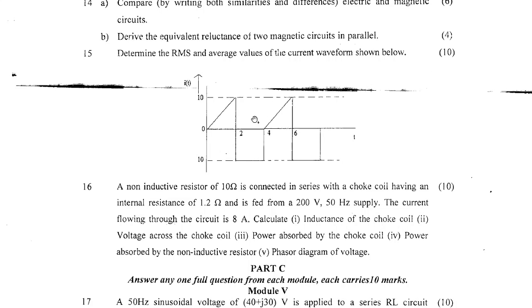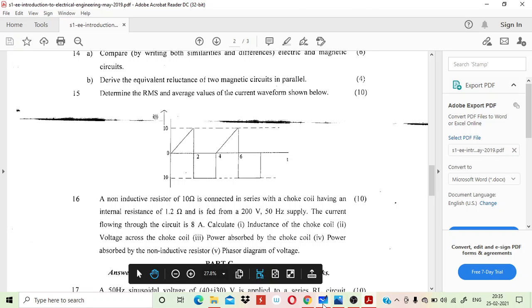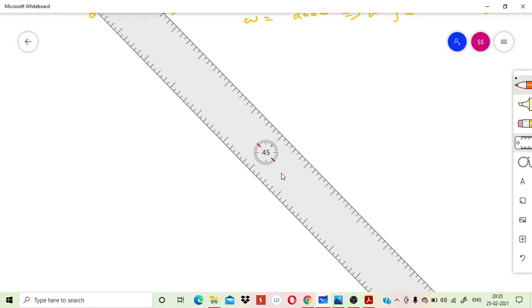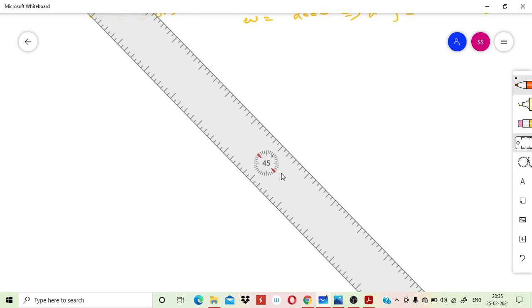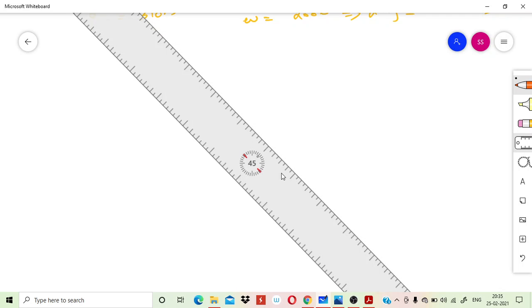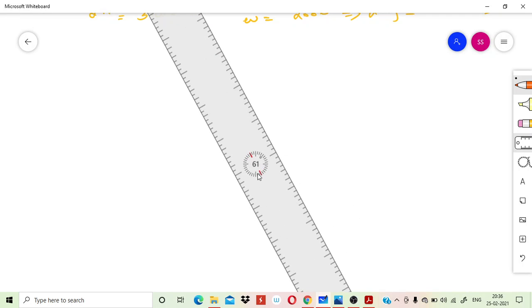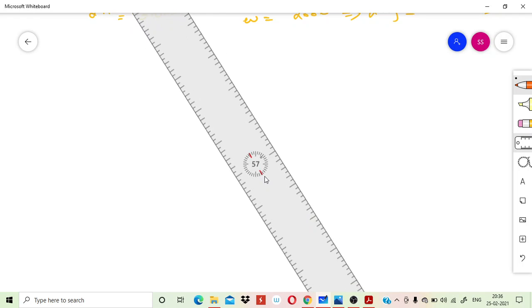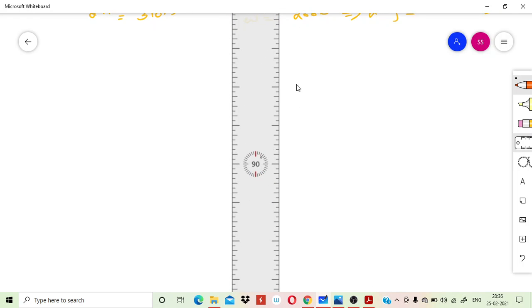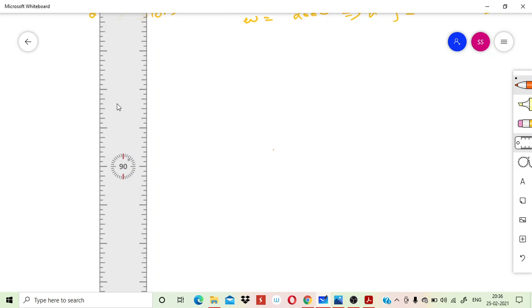So I'm going to redraw this figure, so that I have two axes, x and y axis. Here I'm drawing.